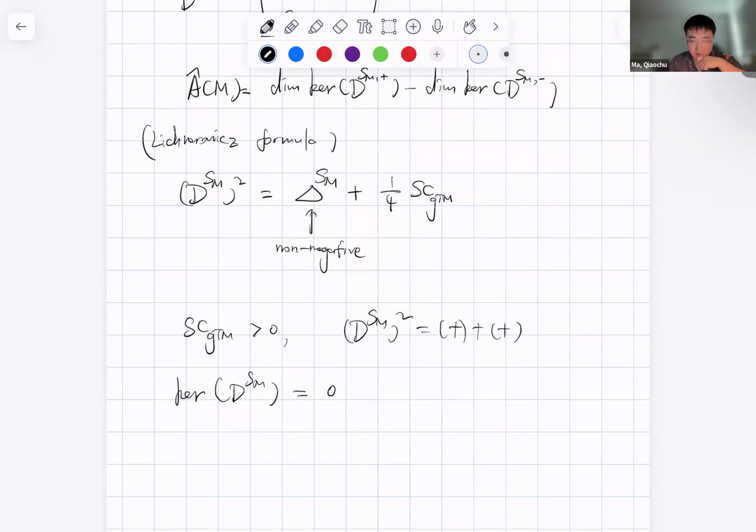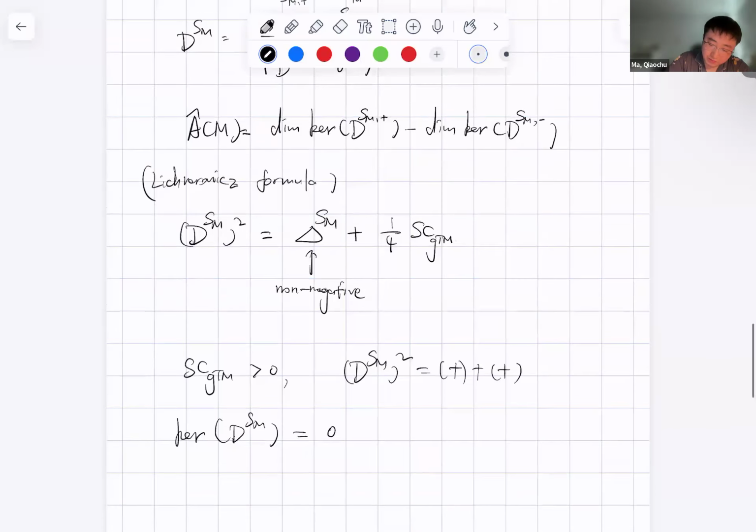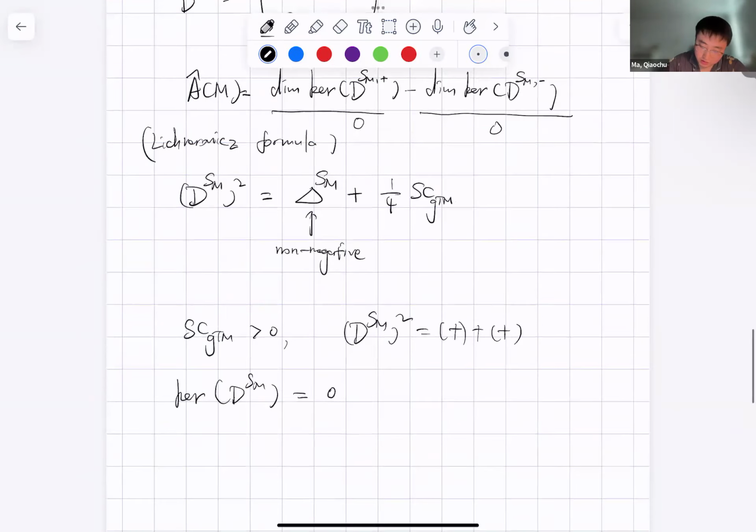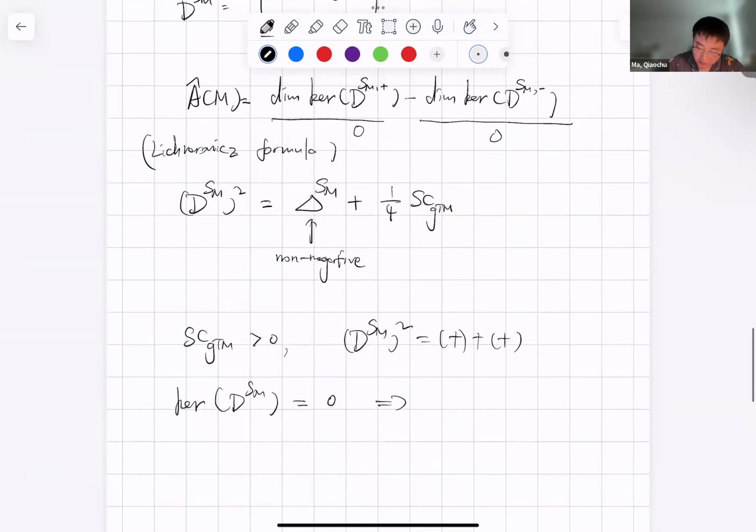Therefore the kernels of both the positive part and the negative part are zero. So by the index theorem, the A-hat genus is zero.